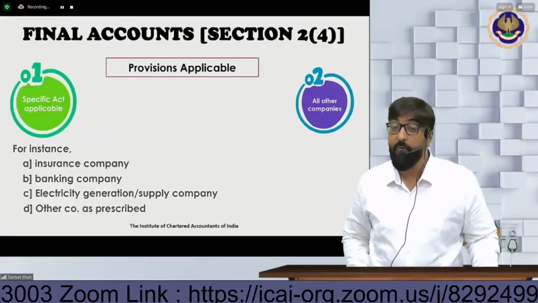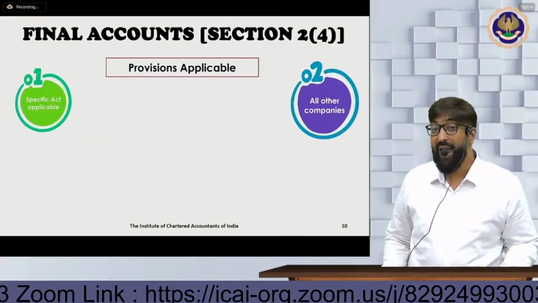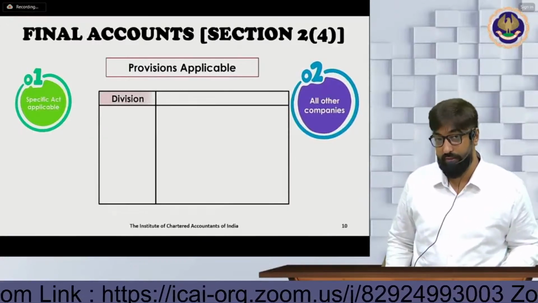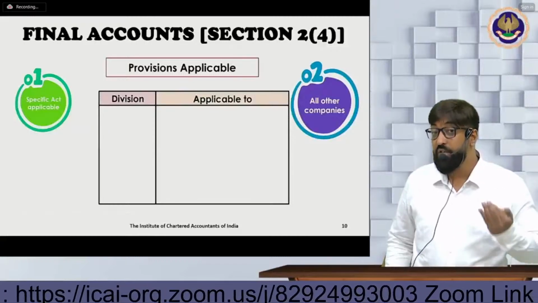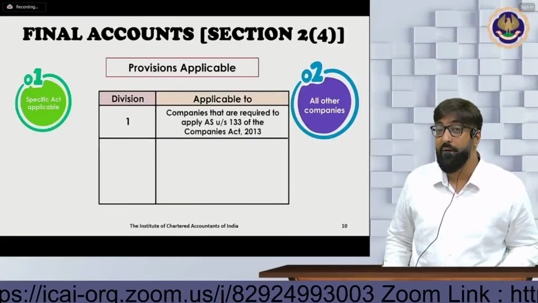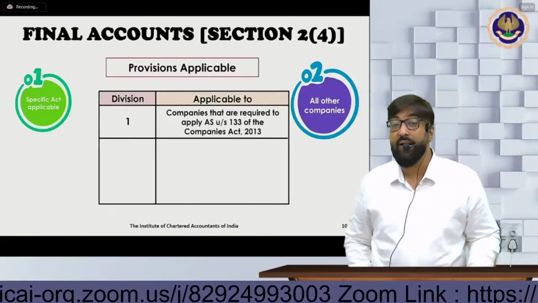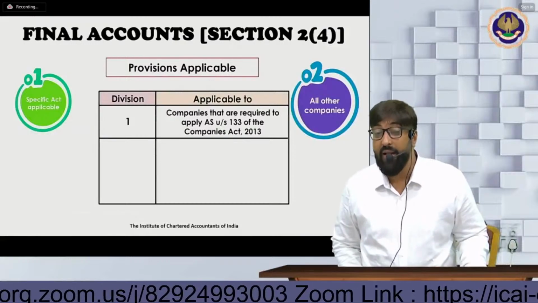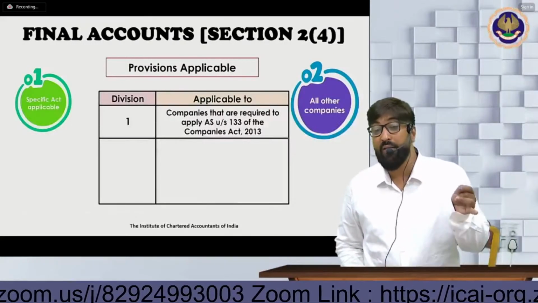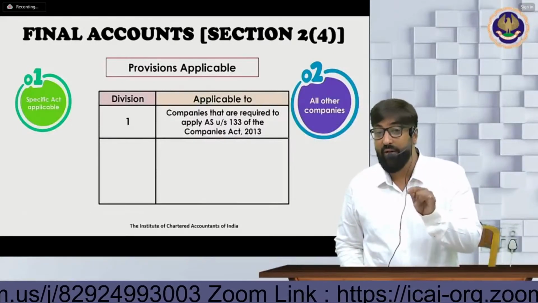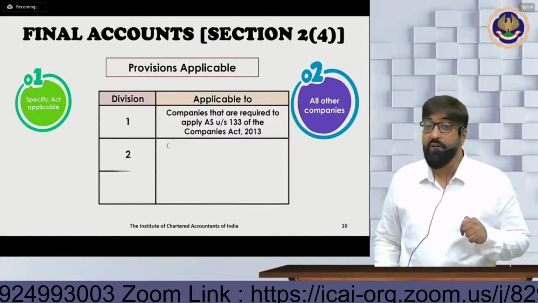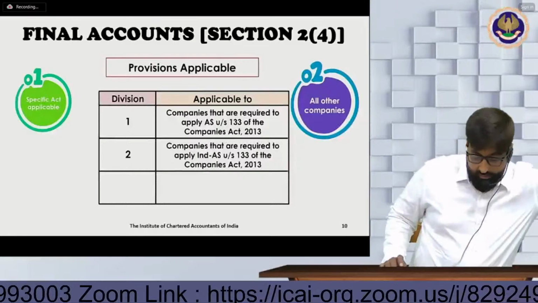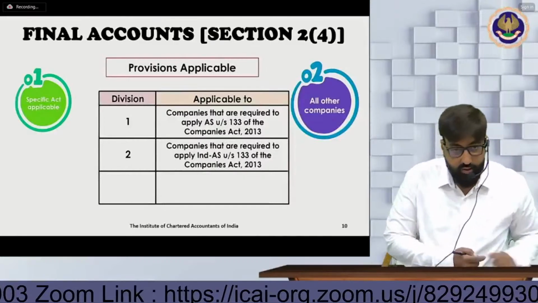Okay. But for other companies, we have different schedules. So different divisions. Division one, to whom it is applicable, you have to recall this: companies that are required to apply accounting standards under section 133 of the Companies Act 2013, which we are going to see in today's session. Division 2, so this is actually wrong. This is in Roman numerals, beta. This is not like 1, 2, 3.